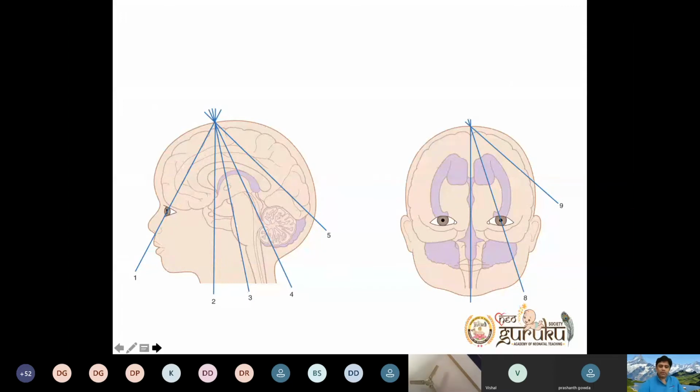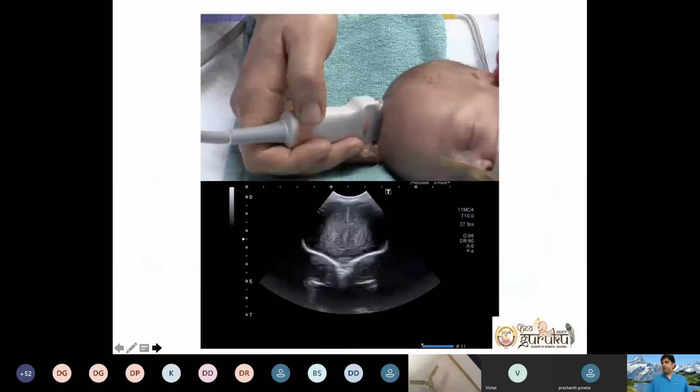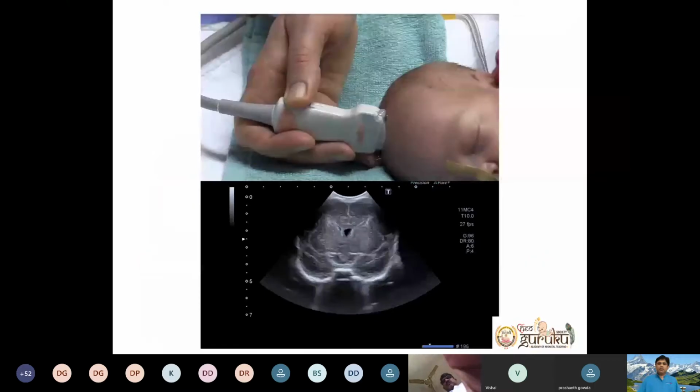So this is how. Can you see? Yeah. Yes. So you can see.